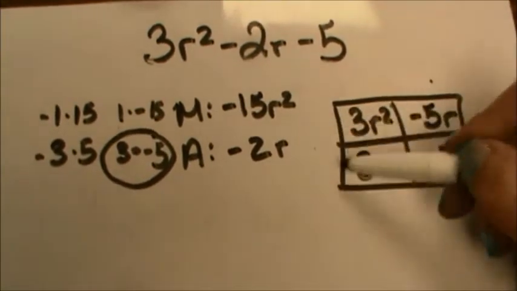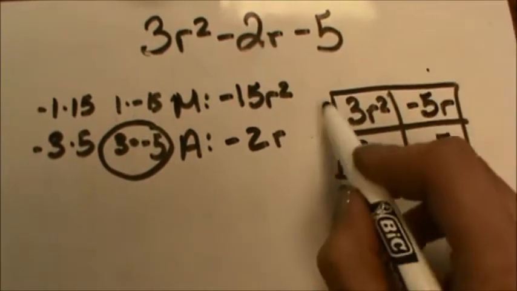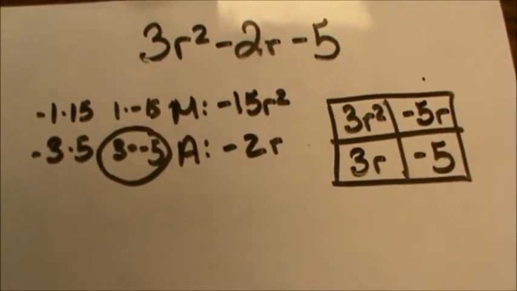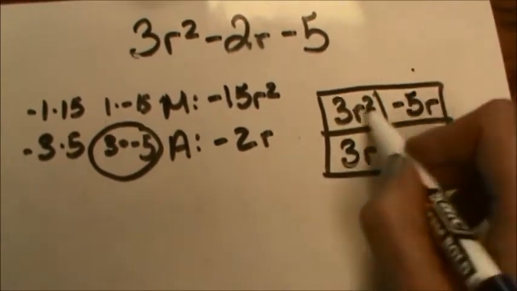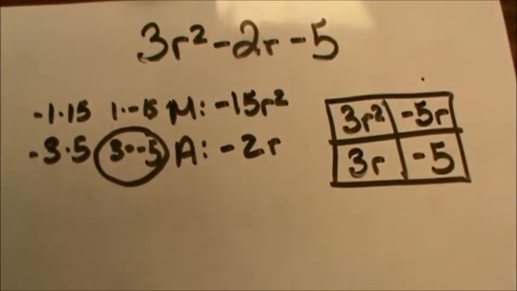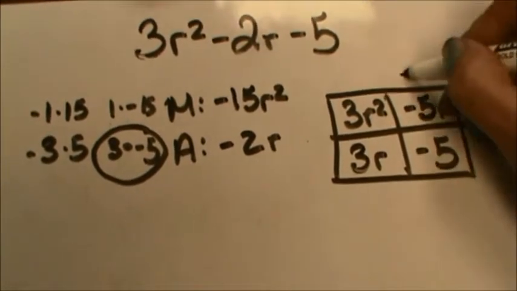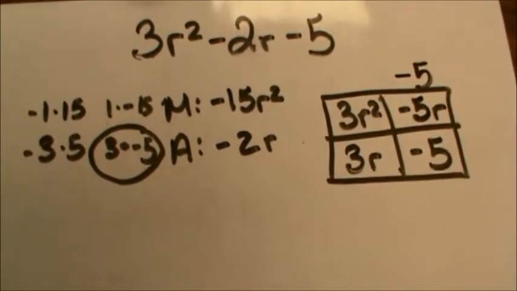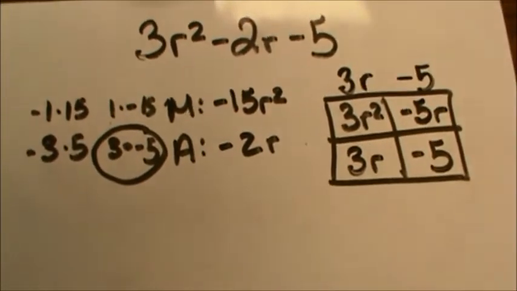Question is, what should go on the outside? Well, if I look along the columns and the rows, all I need to find is the greatest monomial factor between the 2 in this row, the 2 in this row, and then also with the columns. So let's do that. If I look right here, both of these are -5. Right here, they both have a 3 in common and an r.